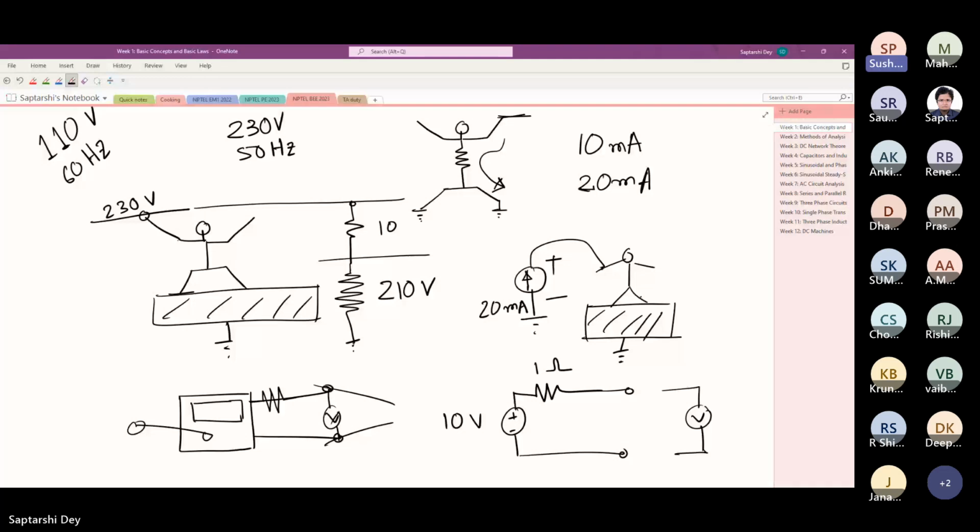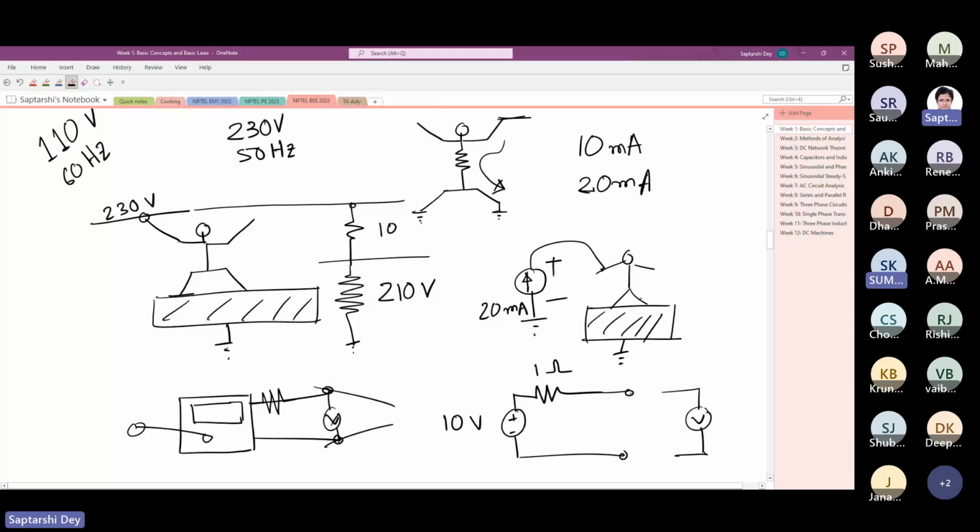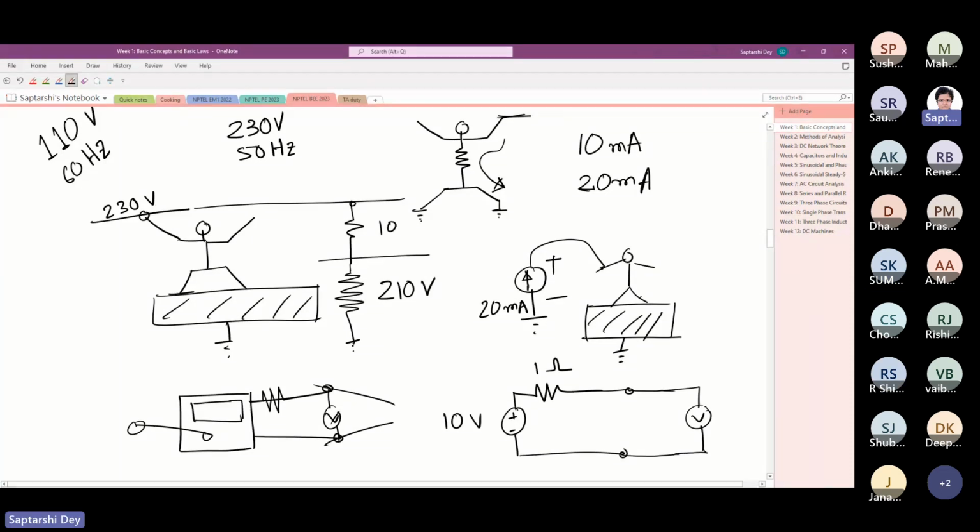First we have to find the current. I have put a voltmeter here. What is the current? Ideal voltmeter. 10 ampere. What is the impedance of an ideal voltmeter?